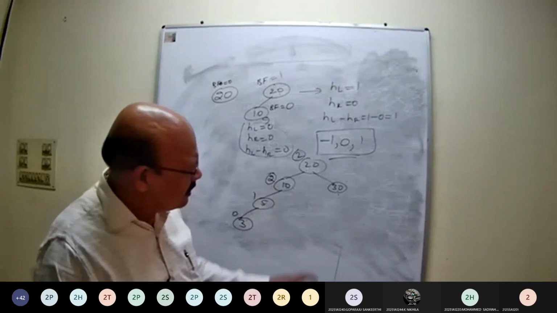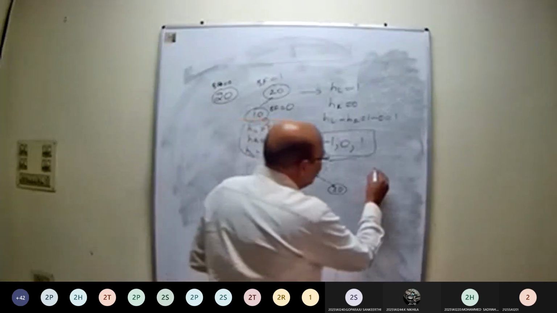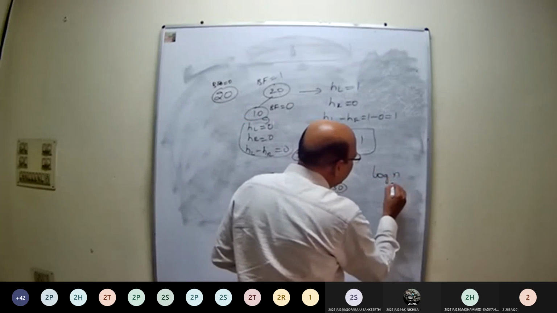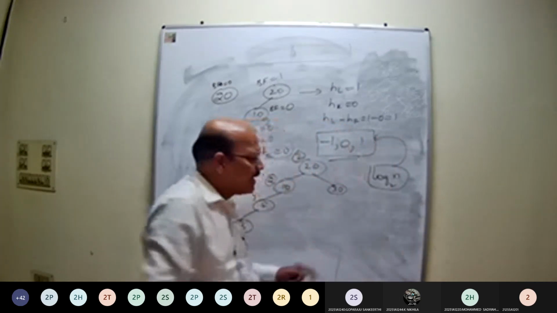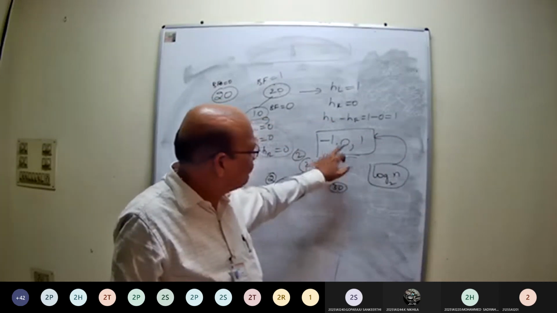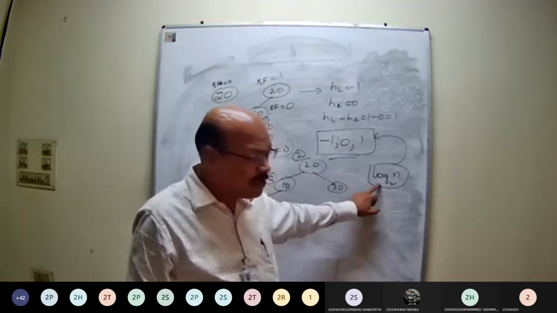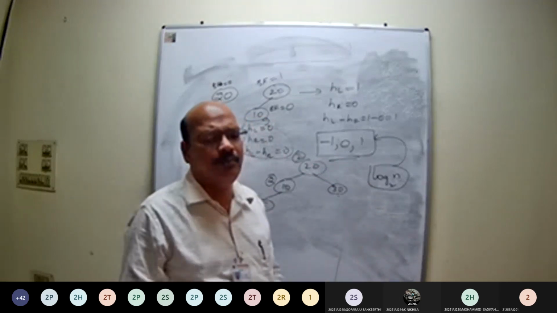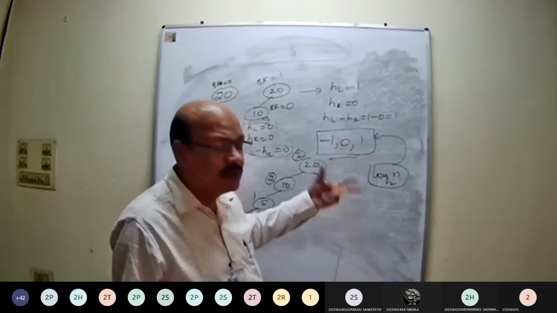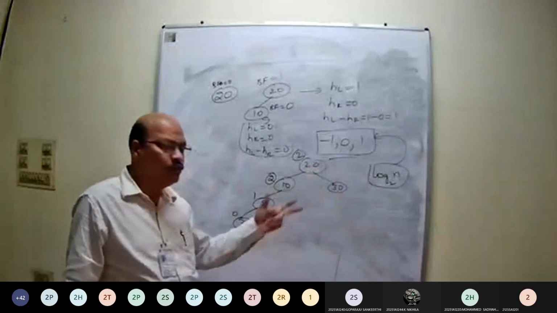Suppose the height of your balanced binary search tree is log n base 2, then all the nodes will have balance factors of -1, 0, or 1. When the height is not restricted to log n base 2, then one or more nodes' balance factors go out of scope. Out of scope means they will become 2, 3, and so on.